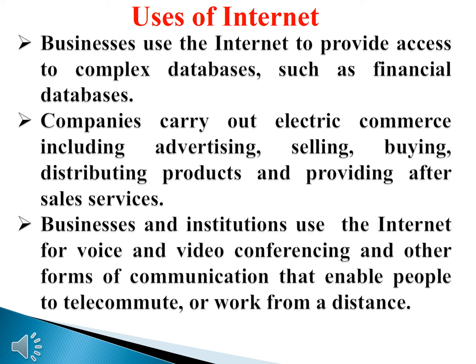Now we will discuss the different uses of the internet. The first one: businesses use the internet to provide access to complex databases such as financial databases. Different businesses are using the internet to give access to their complex databases to other users and other companies.